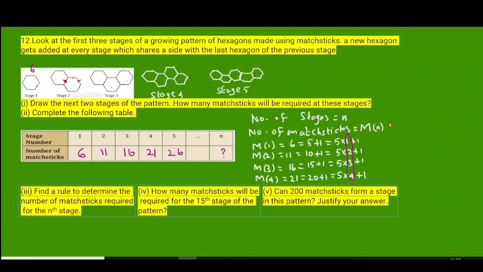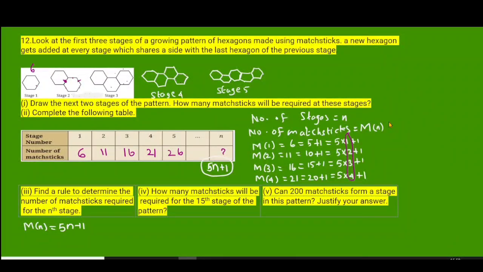So generally, 5 into n plus 1. In the nth stage we will get the number of matchsticks as 5 into n plus 1. That is the required general form: the number of matchsticks in the nth stage is 5n plus 1.